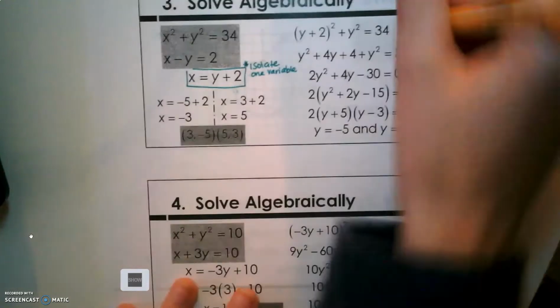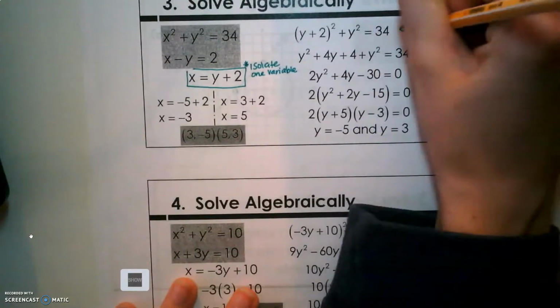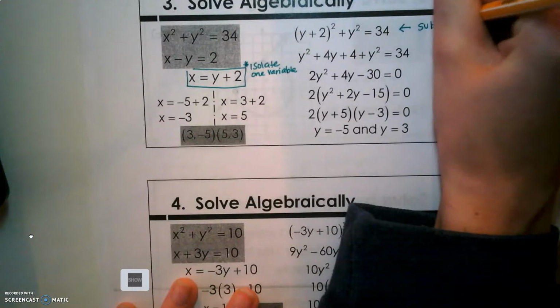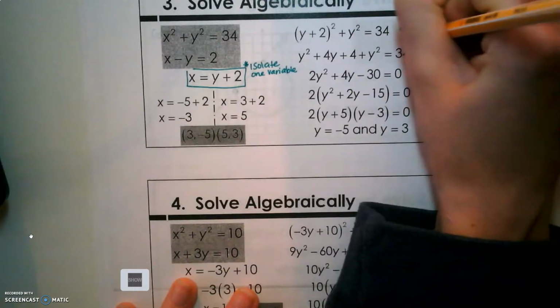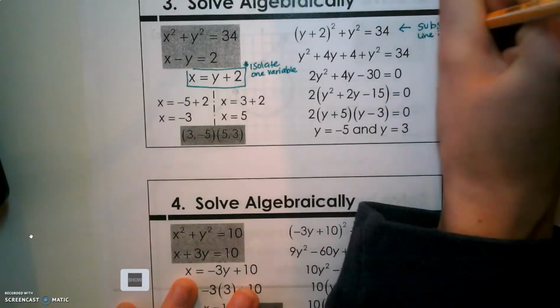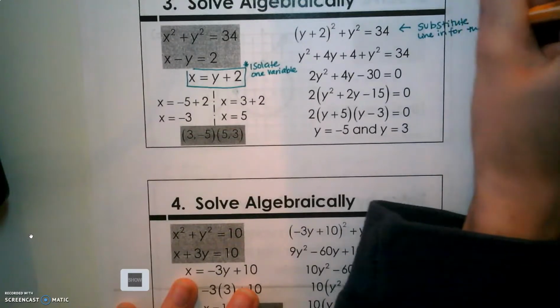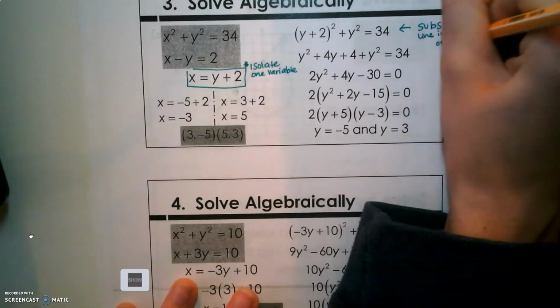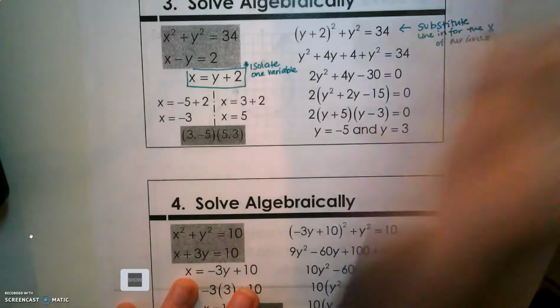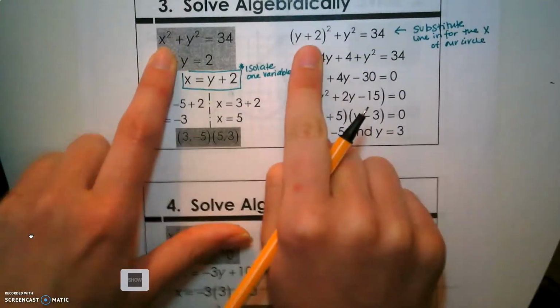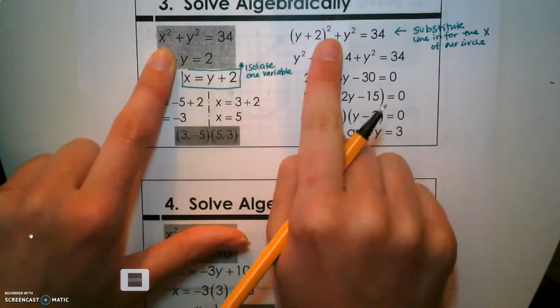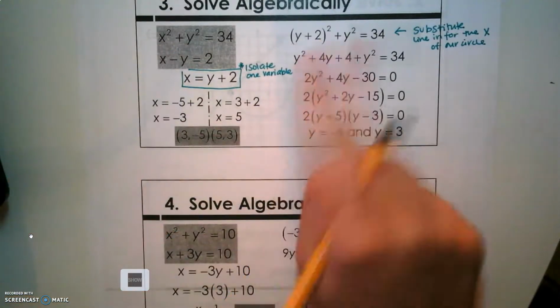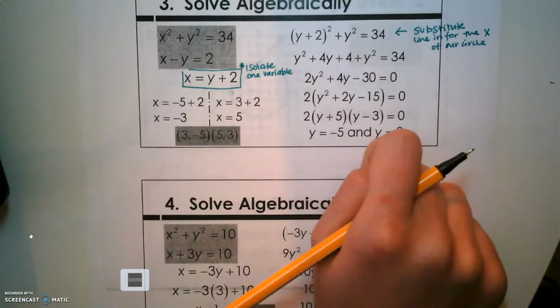So up here at the top, this is our substitution step. We substituted it in for the x of our circle. Now you'll notice that's something squared, so we are going to have to multiply it out.